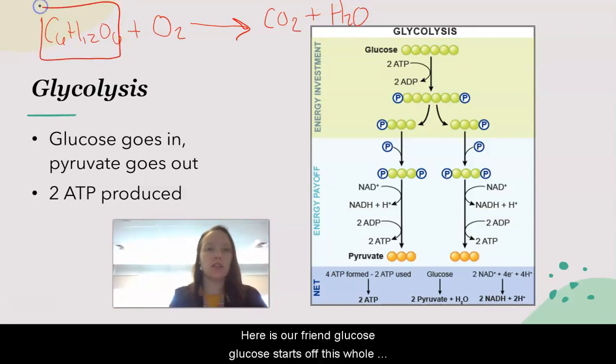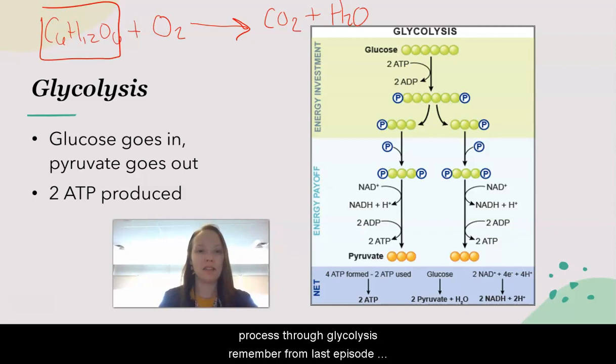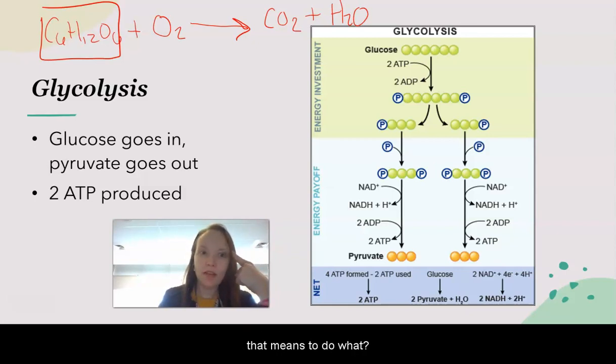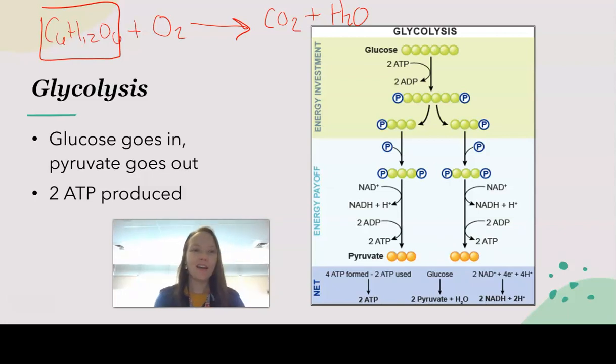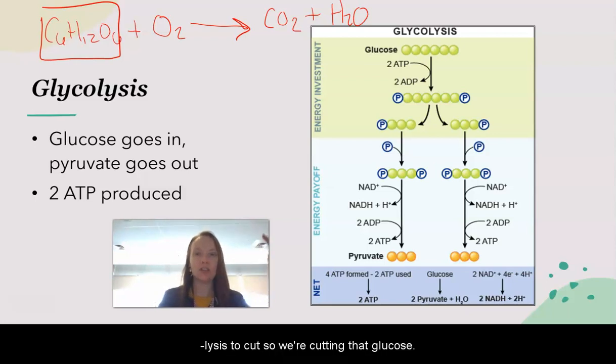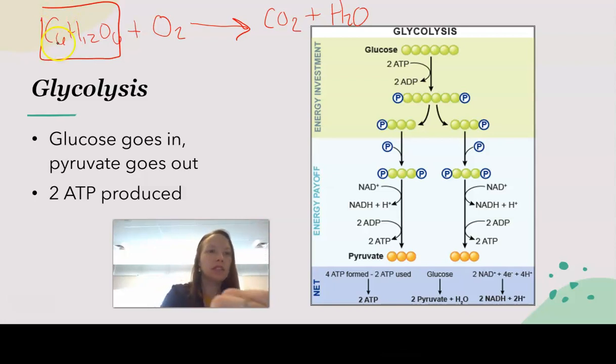Here is our friend glucose. Glucose starts off this whole process through glycolysis. Remember from last episode, that means to do what? Yeah, cut that glucose, right? Lyse is to cut, so we're cutting that glucose. So remember, up here, C6, right?